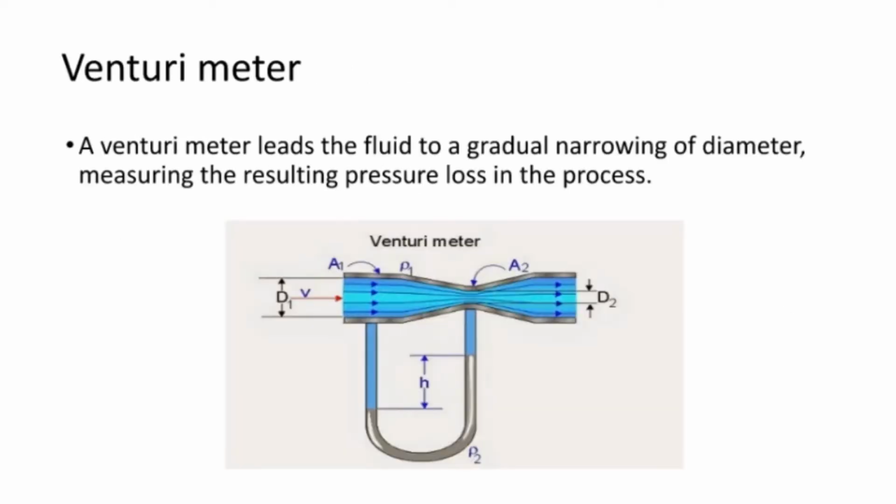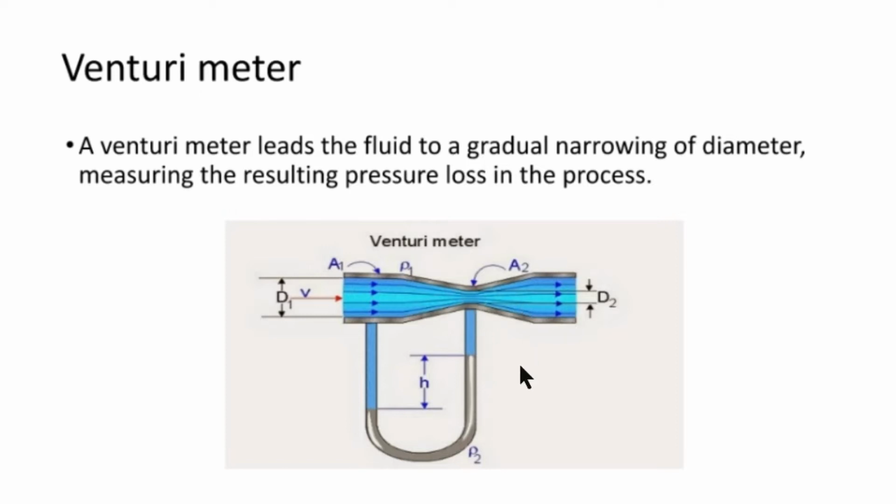Let's start our derivations with the Venturi meter. This is what a Venturi meter looks like. As you can see, we have the pipe here, diameter D1, and we have the throat of the Venturi with the diameter D2. By gradually decreasing the diameter of flow from the main pipe to the throat of the Venturi meter, we are increasing the velocity of the fluid and therefore we have a decrease in pressure.